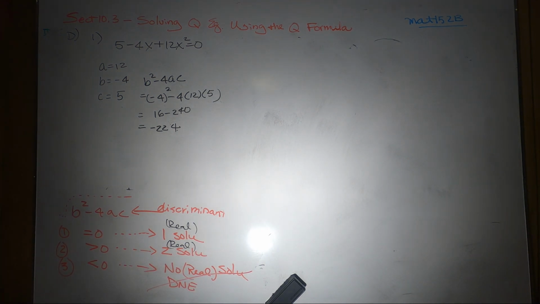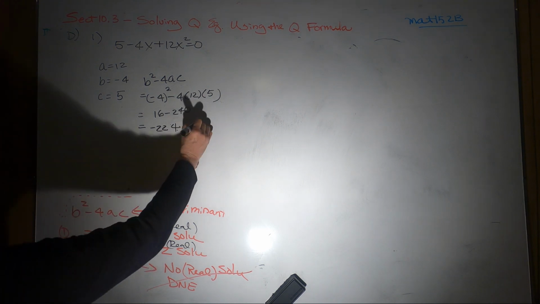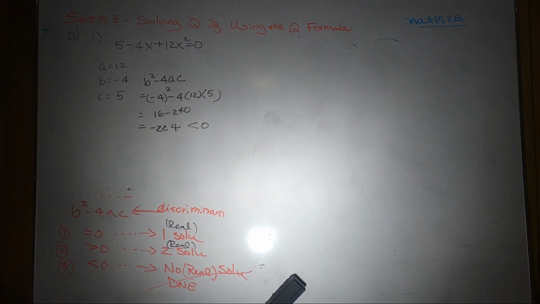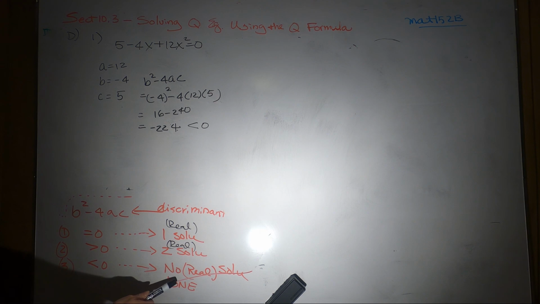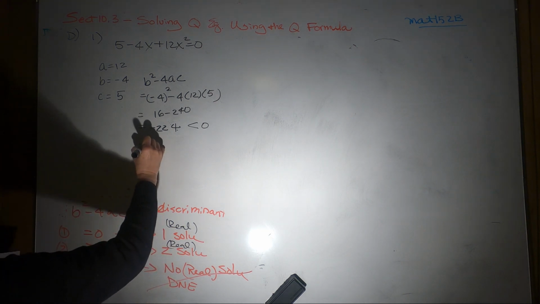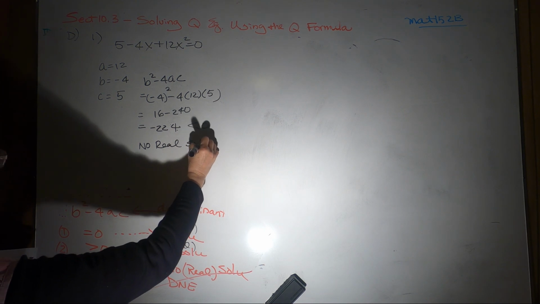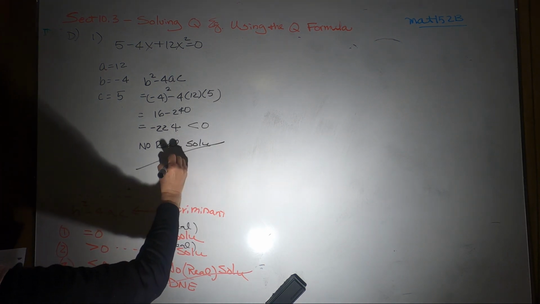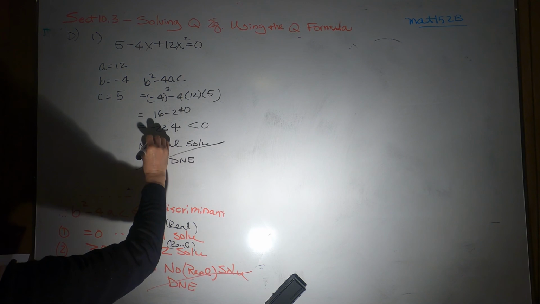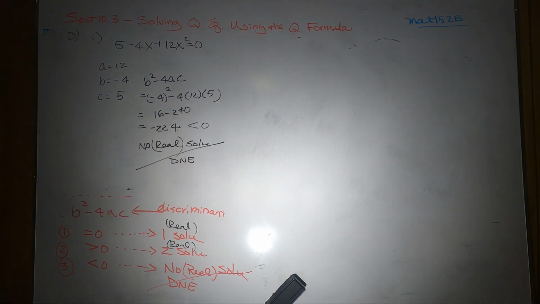So is it bigger than 0 or smaller than 0? Less than 0. So what kind of solutions do we have? It will be no real solution, right? Or doesn't exist.